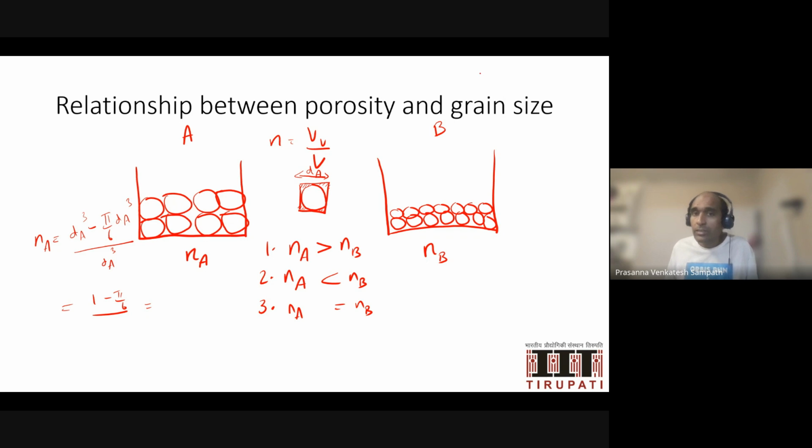Now, if I do the same thing with another smaller cube with a smaller sphere inside it, I'll again find that the porosity here is independent of the diameter of the particle. Correct? So I'll get the same answer. NB will also be 1 minus pi by 6.